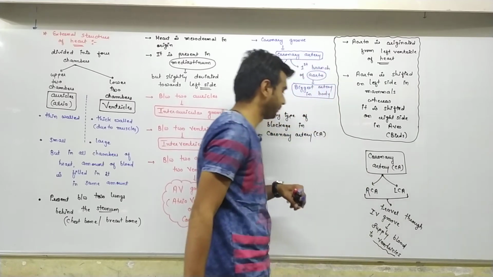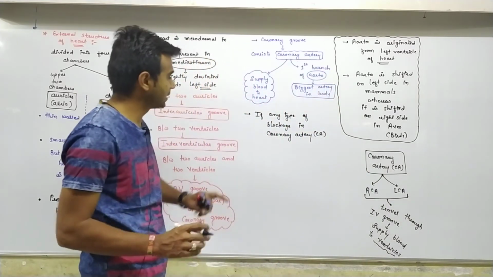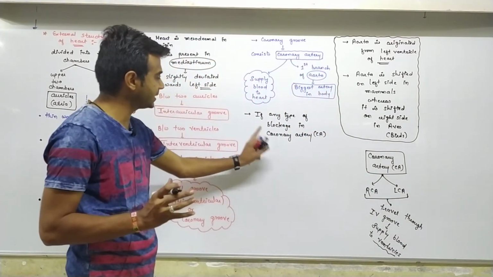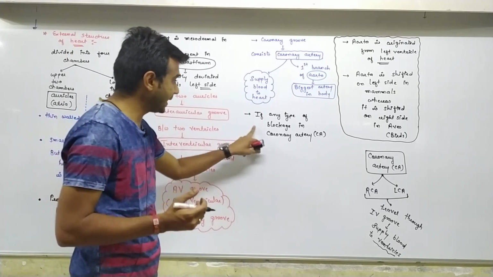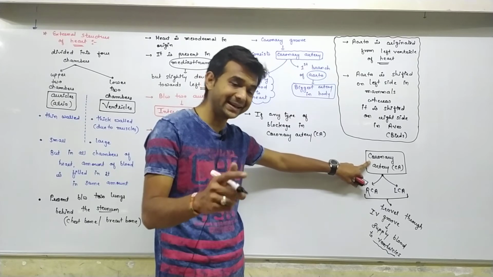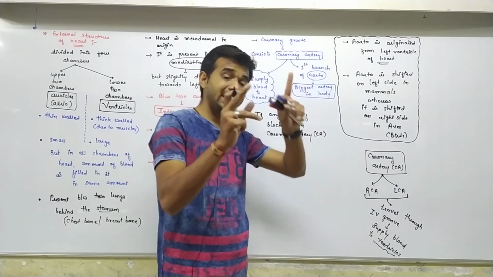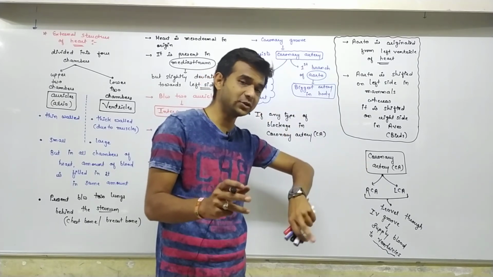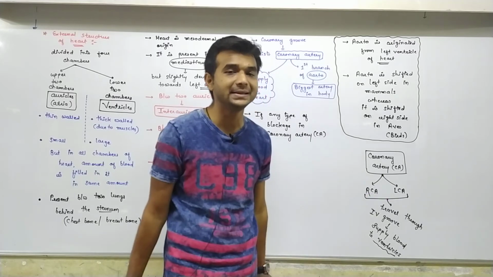Fine. So here what happened? Any type of blockage occurs here in the coronary artery. As a result, this main coronary artery, common coronary artery, is blocked, and the blood is not supplied to the RCA and LCA.